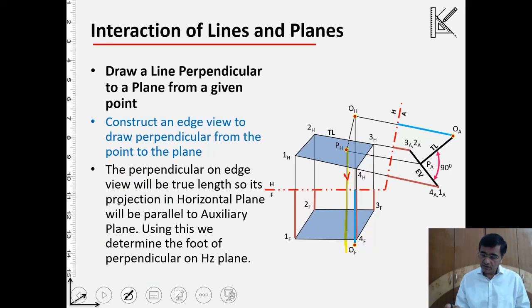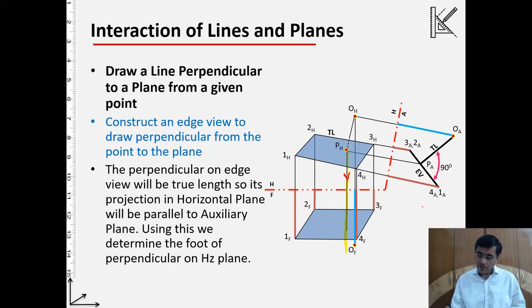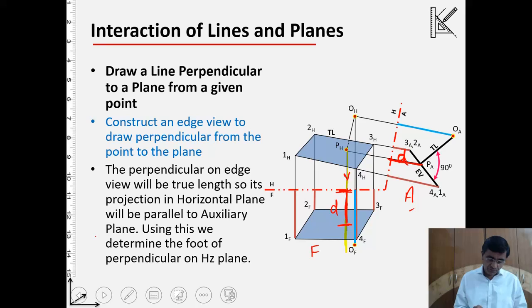I will be taking the distance from the auxiliary plane and transferring it to the frontal plane. So from here I will be moving by a certain distance. How much? The same distance as the distance of the point in the auxiliary plane. Okay, please understand this. We have already understood all these concepts.